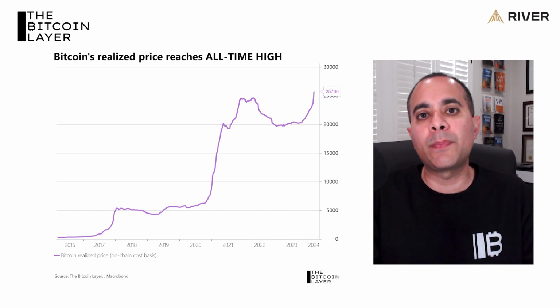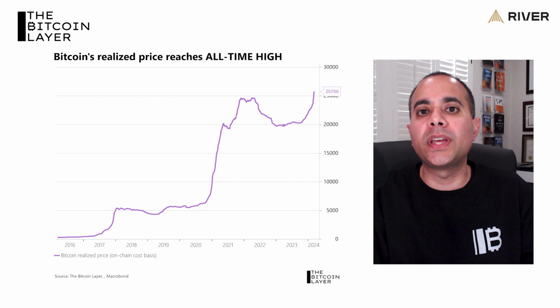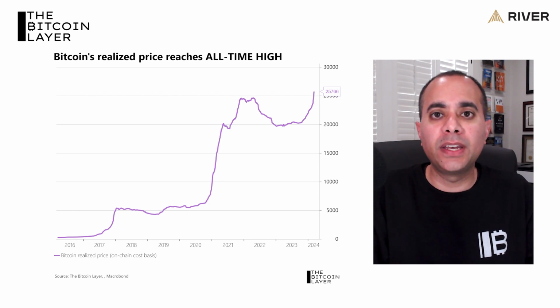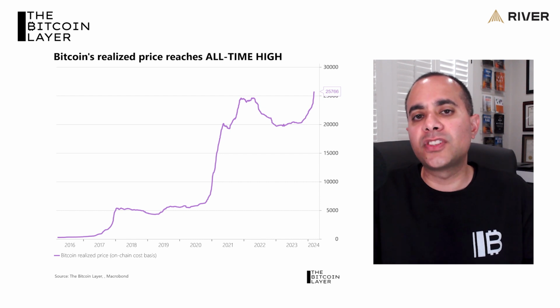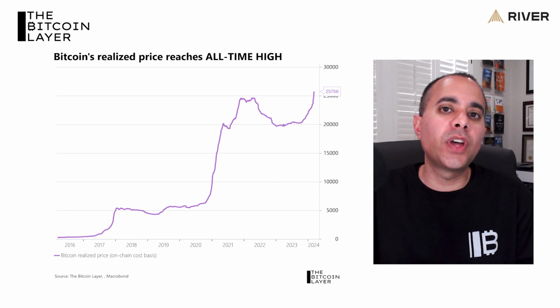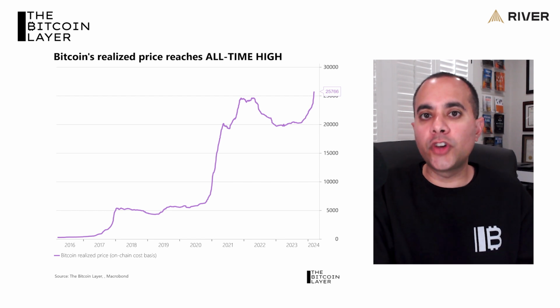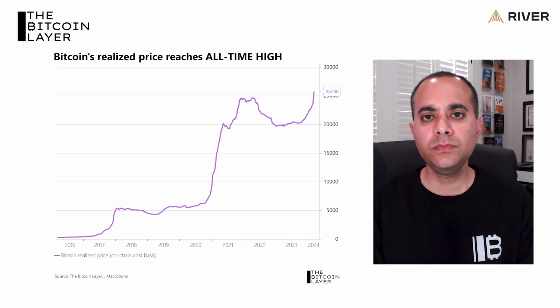But what is the discrepancy? The discrepancy is that there are millions of coins in Bitcoin supply that haven't moved in several years. And so what is the stored value of those Bitcoin? Very low, in the hundreds of dollars or in the low thousands of dollars.